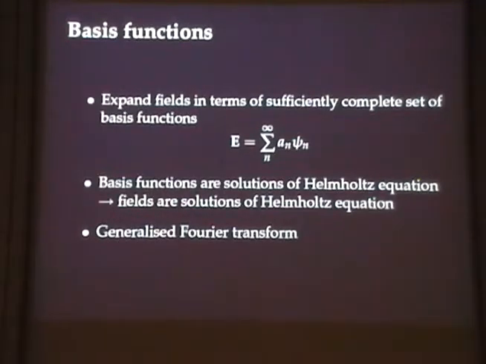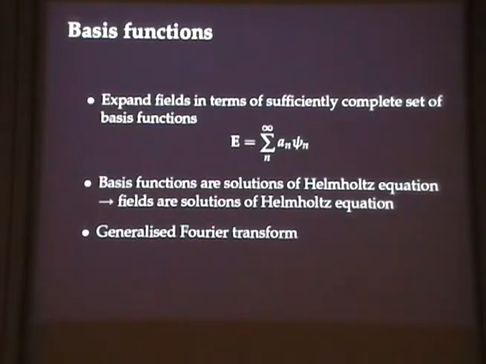So we can represent fields by saying at this point in space we have a particular value of Ex, Ey, Ez. It's what we do in our finite difference methods. An alternative to this is to represent these fields in terms of basis functions. So I can say my electric field is equal to some mode amplitude An times some basis function.